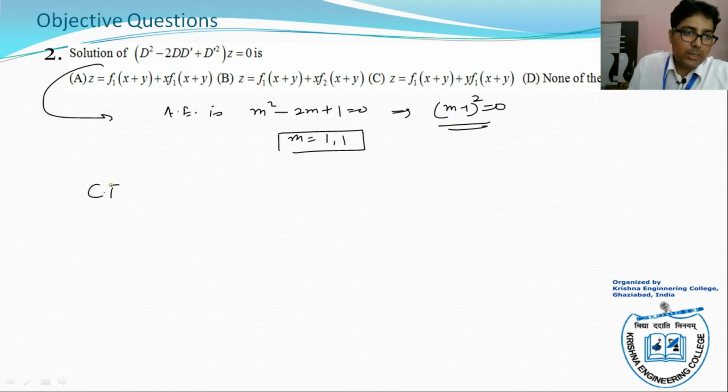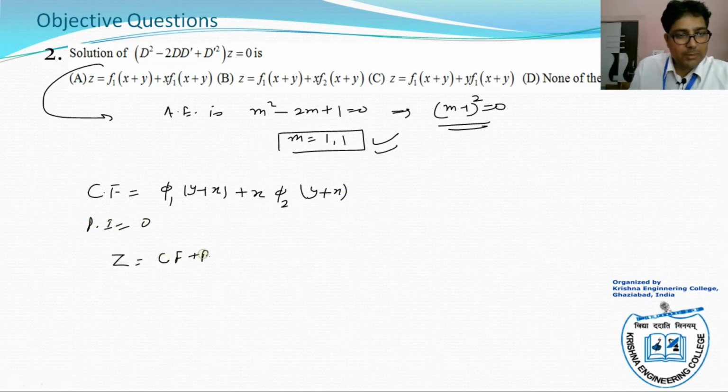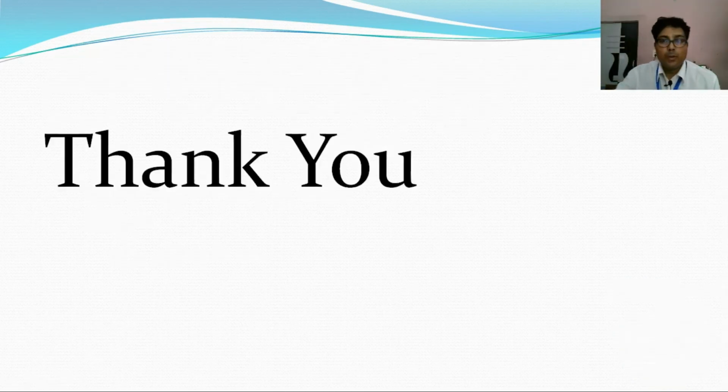So in this case, CF is phi1(y + x) plus, here roots are repeated, so multiply by x, x phi2(y + x), and PI in this case is equal to 0. Complete solution z is equal to CF plus PI. So in this case option B is correct. Is it not correct? Not correct. Okay, thank you.